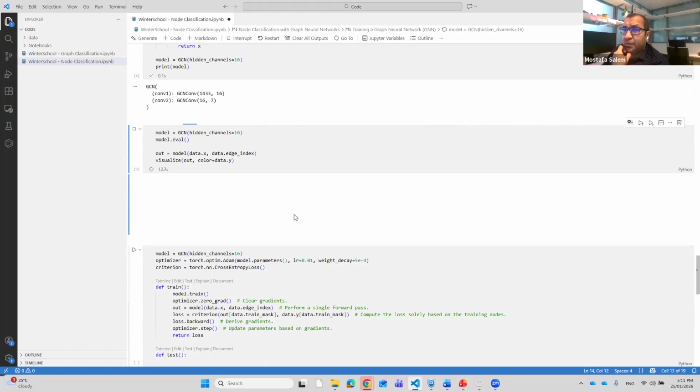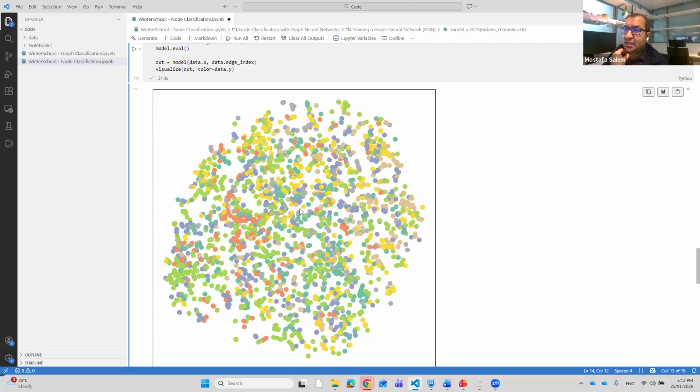So I will show now the data before training the GNN, the data of all the graph nodes. As you can see, the yellow nodes, the red nodes, the green nodes are not distinguishable.